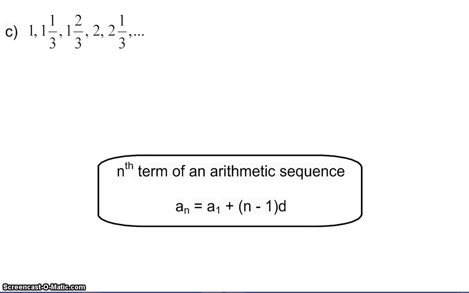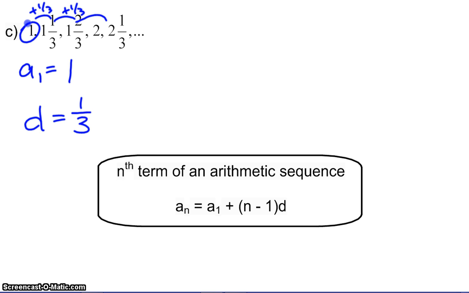Then our very last one, go ahead and take a minute and try to solve for this. As we can see, the first term is 1 and the difference is we are adding 1/3 to get to each of the following terms.